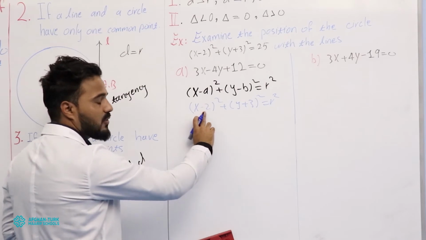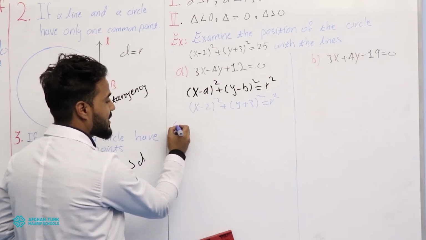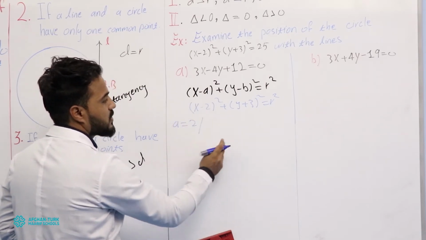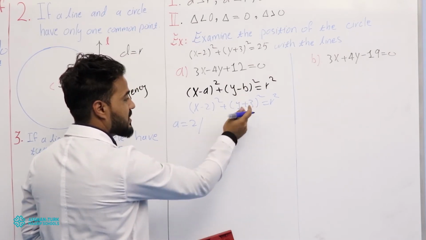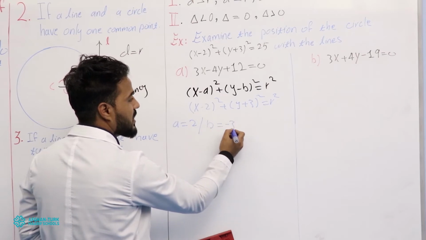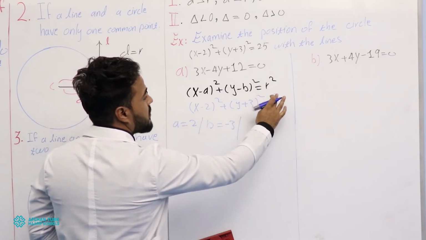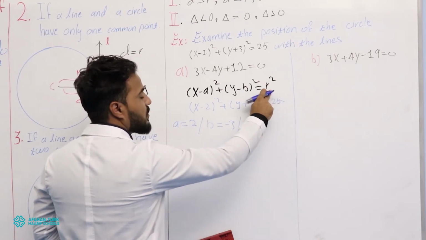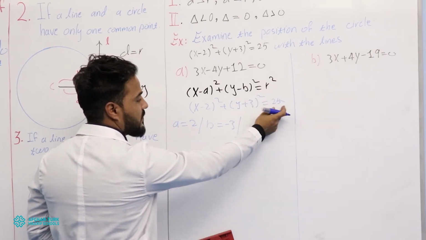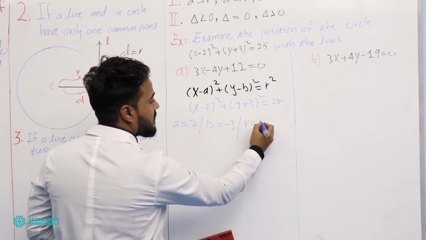So in here we have minus 2 and minus a. It means that a is equal to 2. Also in here we have minus b, and in here we have plus 3. It means that b is equal to minus 3. Also this one is 25. So here we have r square, and here we have 25, which means that r is equal to 5.